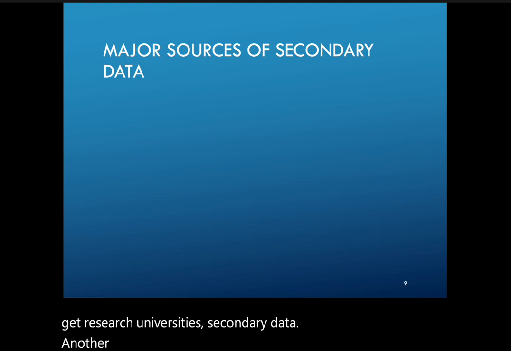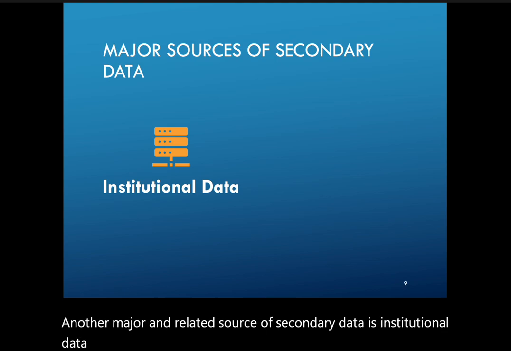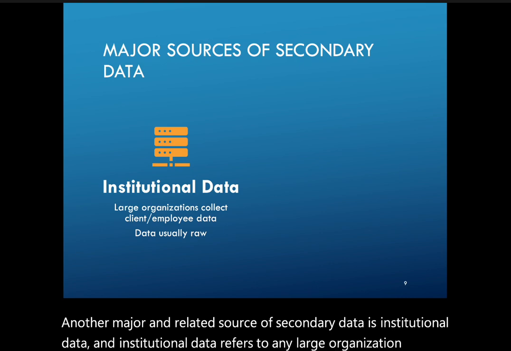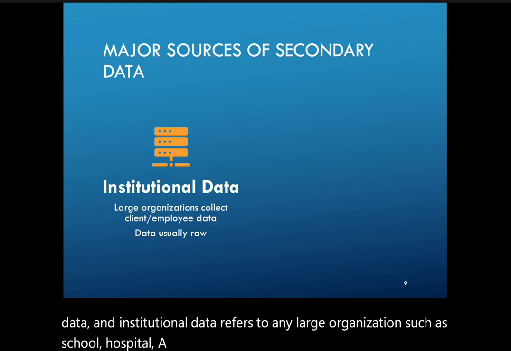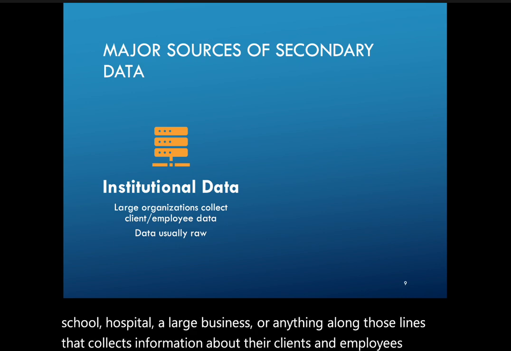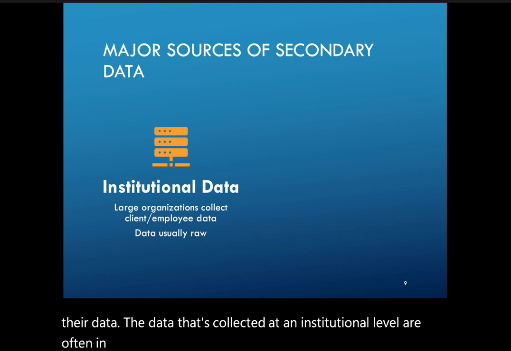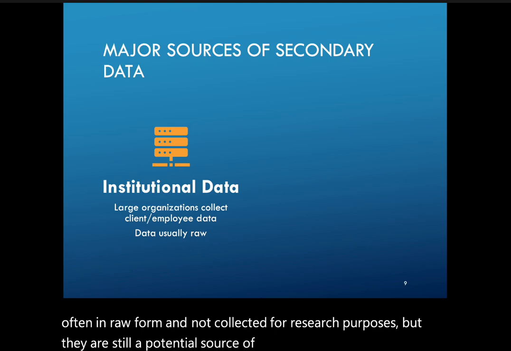Another major and related source of secondary data is institutional data. Institutional data refers to any large organization, such as a school, hospital, a large business, or anything along those lines, that collects information about their clients and employees. The data that's collected at an institutional level are often in raw form and not collected for research purposes, but they are still a potential source of data for researchers.